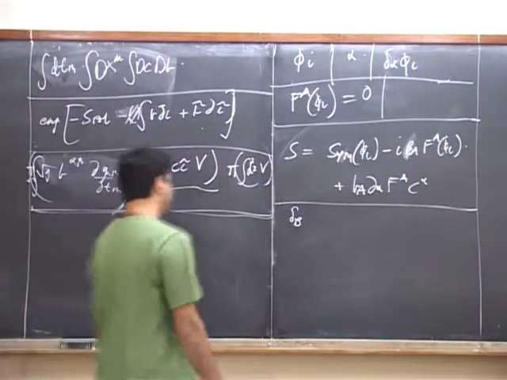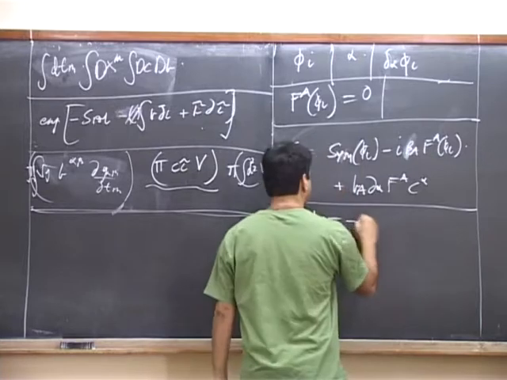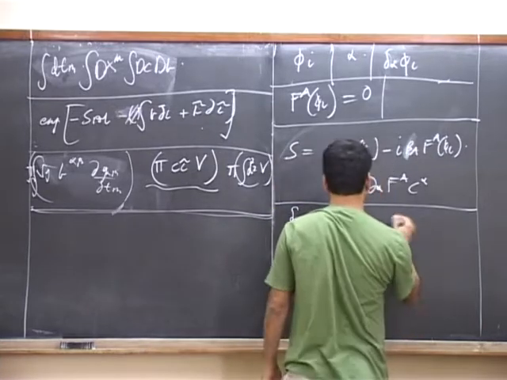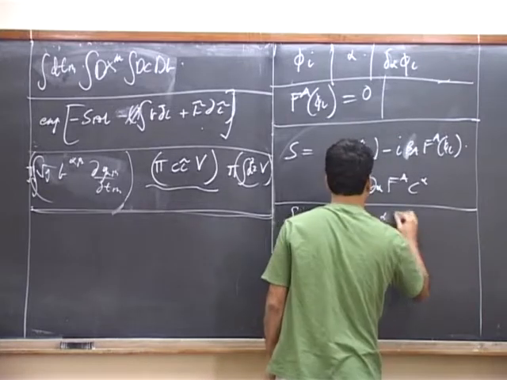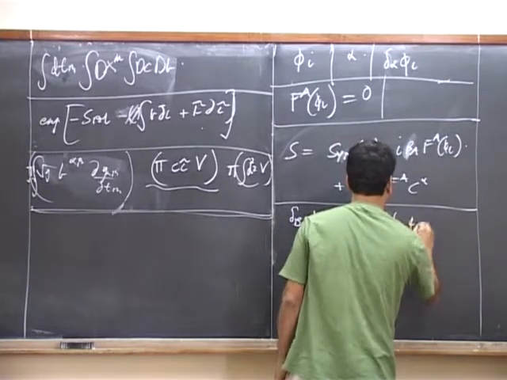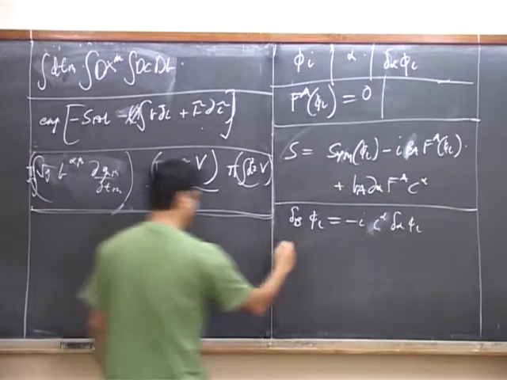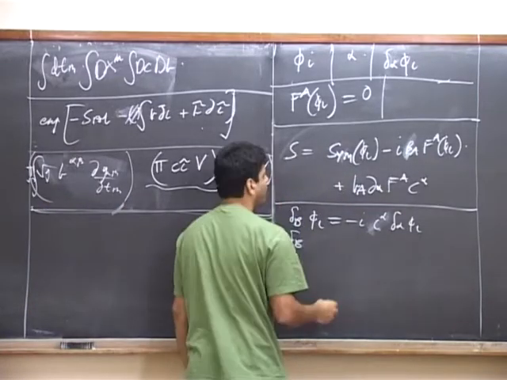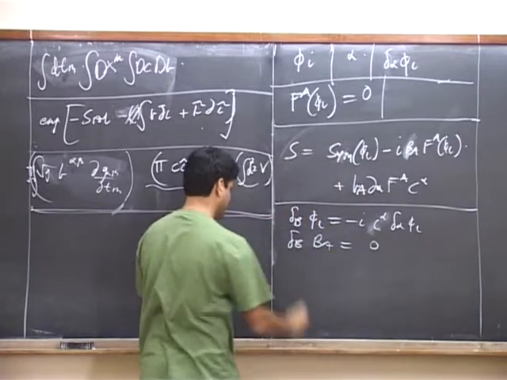So delta B of phi I is equal to minus I times C alpha delta alpha phi I. Delta B of B A is 0.